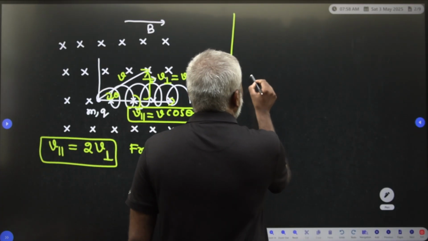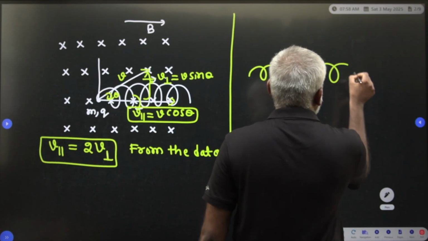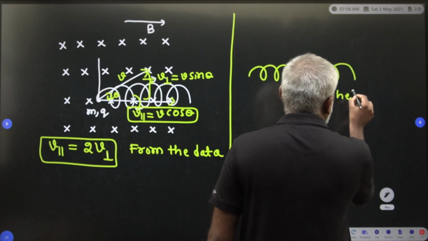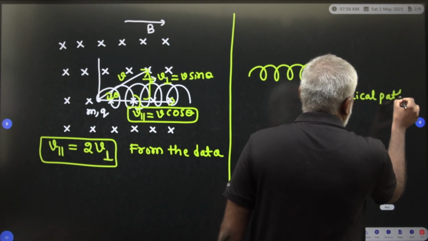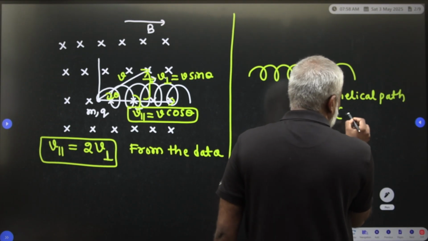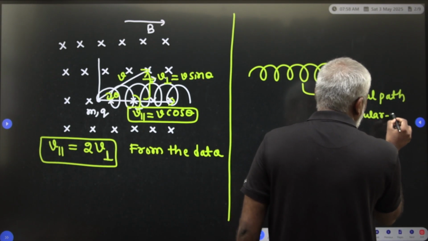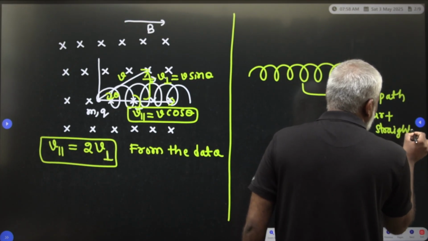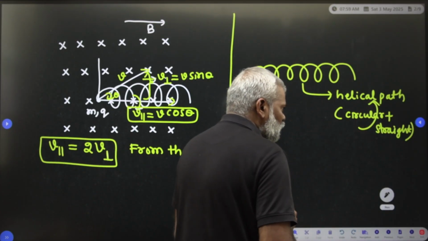But we know the definition, so how do we write it here? This path we call a helical path. This helical path is the combination of a circular path plus a straight path.